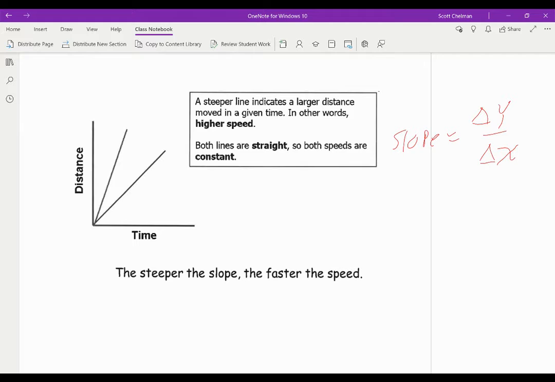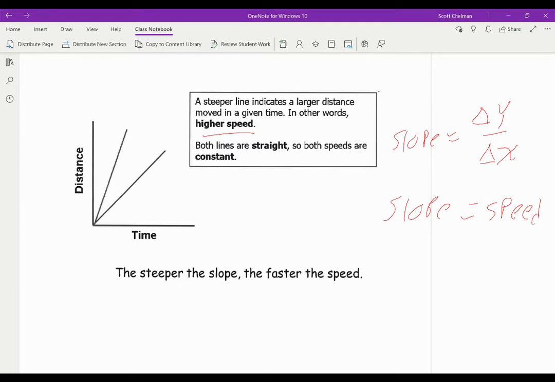So that's what I want you to understand here: the slope, for this type of graph, equals speed. Whatever the slope of the line is, that's how fast the object is moving. Therefore, if there's a bigger slope, that means a greater speed. If there's no slope, like in the first graph, there's no speed.